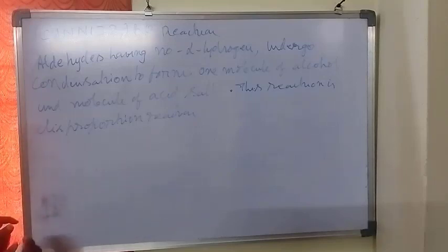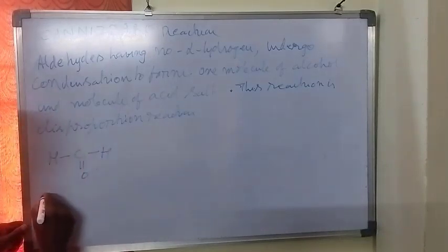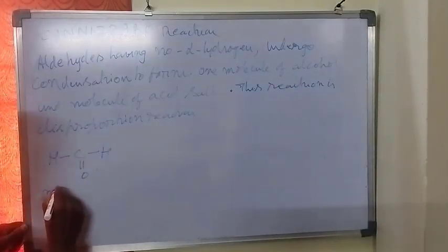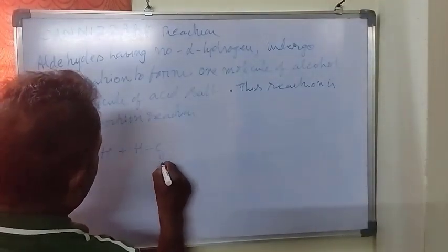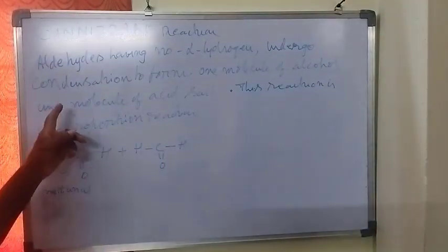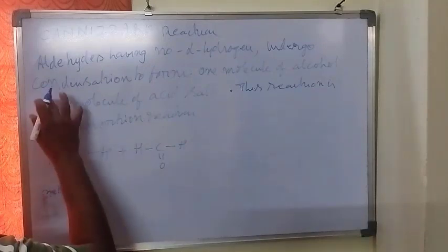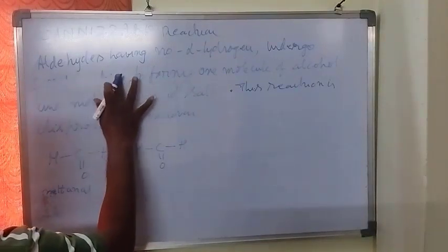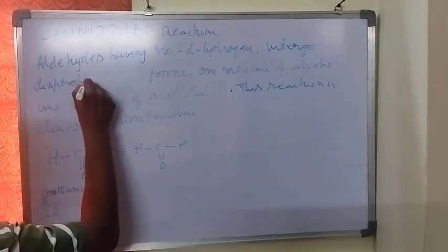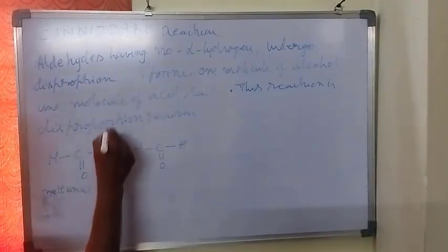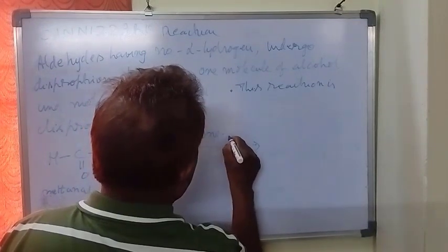For example, this is H C double bond O H, methanal, or formaldehyde, plus another molecule H C double bond O single bond H. So aldehydes having no alpha hydrogen undergo disproportionation, in the presence of concentrated alkali.